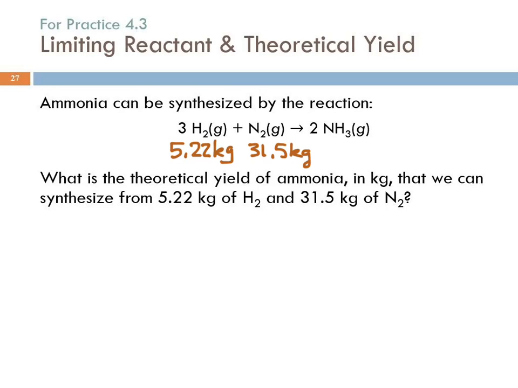So here they're giving us 2. When they give you masses of 2 reactants, it's almost certainly a theoretical yield problem, a limiting reactant problem. What are we trying to find here? Theoretical yield of ammonia in kilograms. That is the mass of ammonia in kilograms. So question mark kilograms.